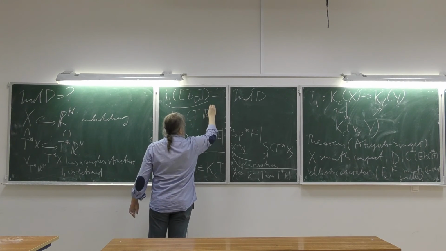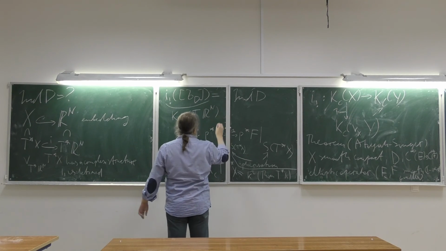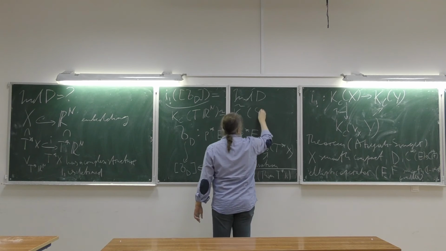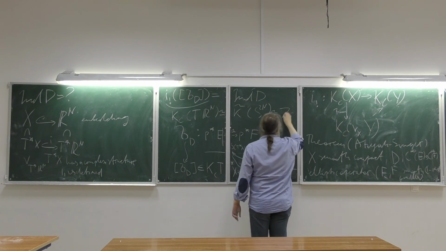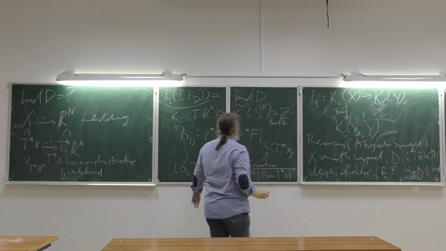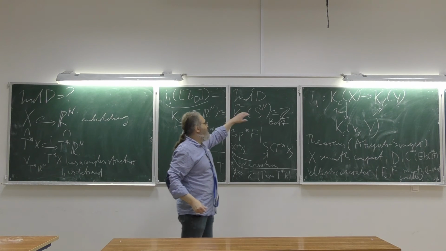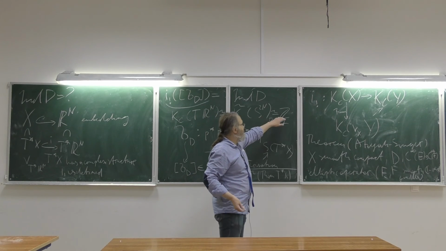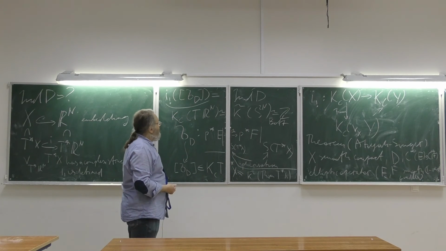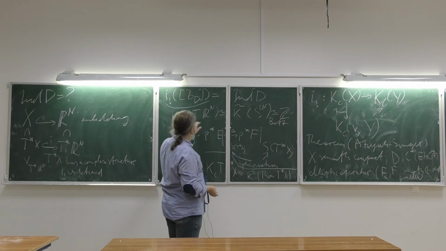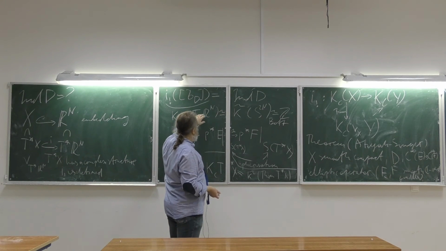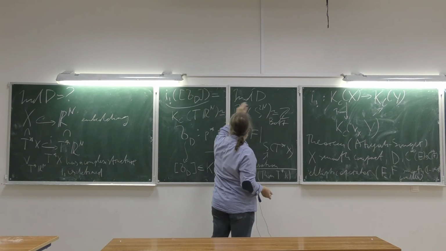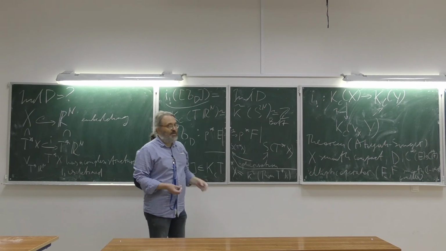T R^n. This is the same as the reduced K-theory of S^(2n), which by the Bott theorem is isomorphic to Z. And the claim is that if we apply this isomorphism to this element, what we get is precisely the index.